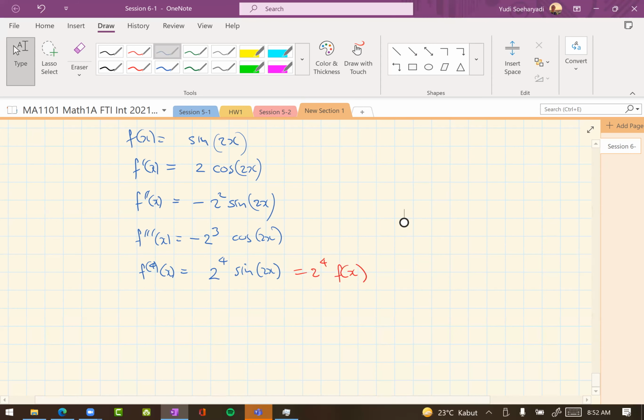So if you require the fifth derivative, that's the same as the derivative of the fourth. Say again, the other 2, sine becomes cosine, and it becomes 2 to the 5th cosine 2x. The difference from the previous one is just this power.